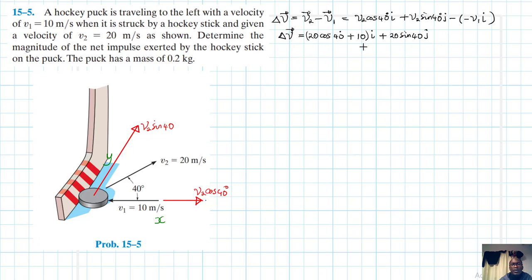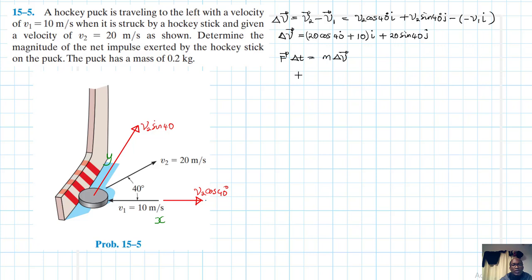Okay, so this is the difference. Then let's write down the equation: force times delta t is equal to m delta v.